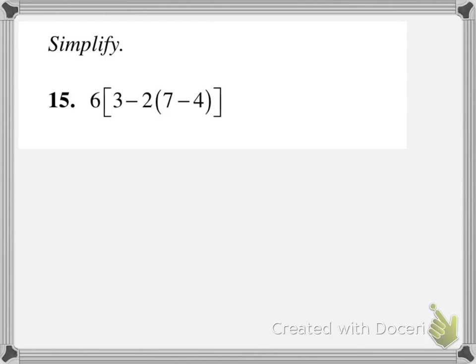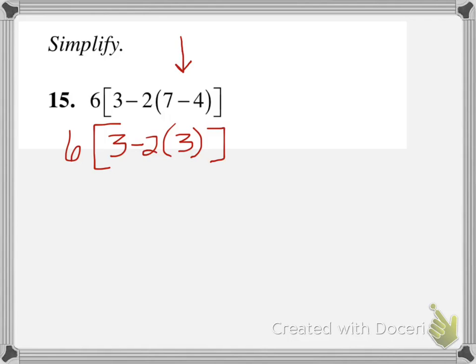Okay, let's look at this problem. This is where the order of operations is going to come in. So you need to work with your innermost grouping symbols first. So I need to work with my 7 minus 4. That's where I'm going to have to start. So 7 minus 4 is 3. So now I'm going to bring down everything I haven't worked with yet. And now I still have grouping symbols, so I need to work inside my grouping symbols. I have a 3 and then a minus 2 times 6.